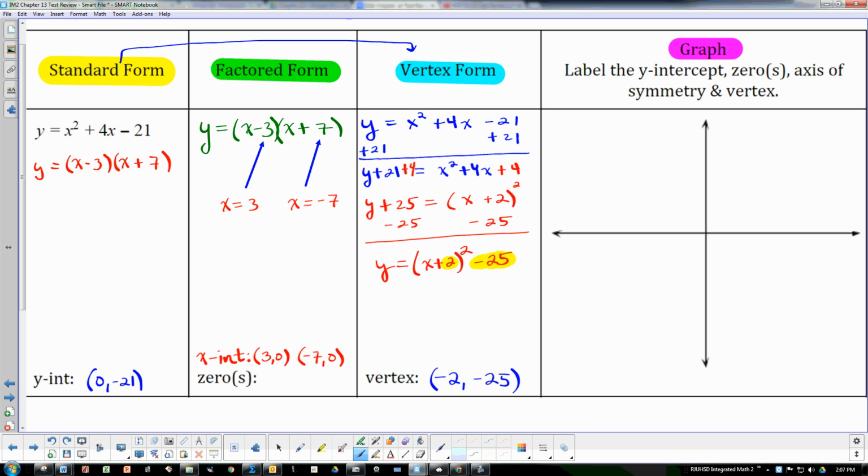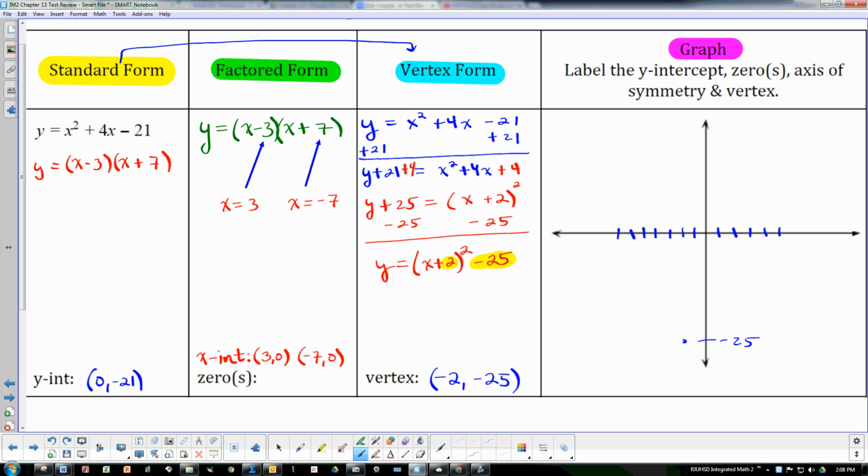And the graph, well, let's just graph this thing. It's just kind of a rough sketch. We will go, how about 1, 2, 3, 4, and 5, and 1, 2, 3, 4, 5, 6. All right, there's out to 7. And I see we have a vertex here of negative 2, negative 25. So if I go negative 2, negative 25, let's just say this is negative 25.